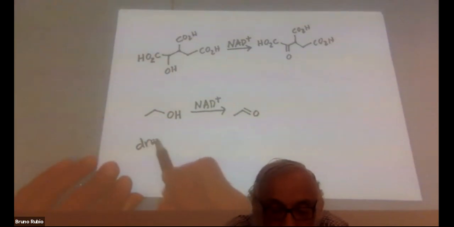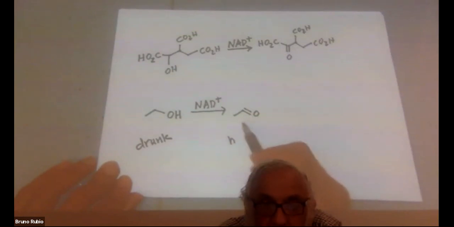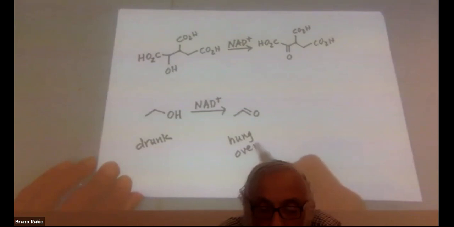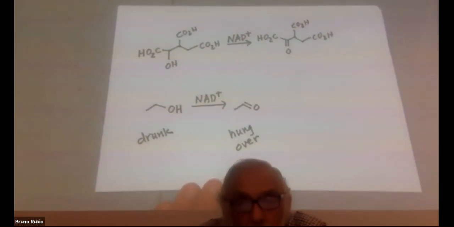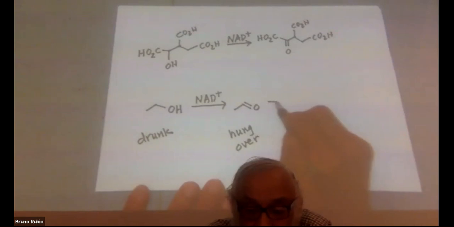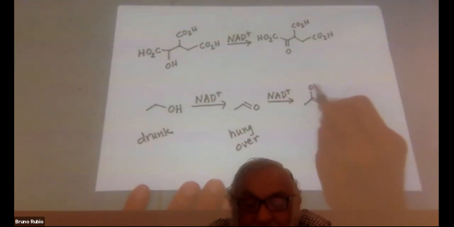Here you're drunk. Now, when this accumulates, you're hungover. And the acetaldehyde is also interpreted as a poison by your body. It wants to get rid of it, and so that is oxidized in a second cycle with more NAD+, and this turns into acetic acid.